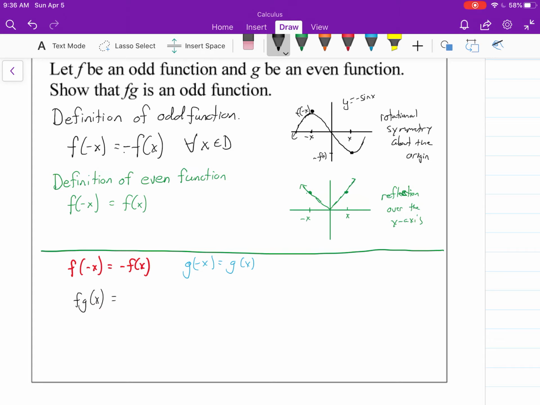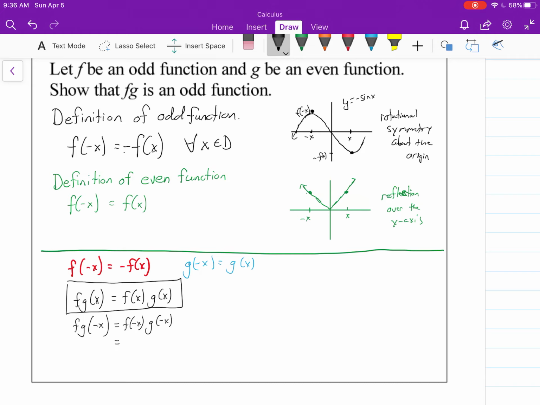Well, that simply means, we're going way back into algebra, that we're taking f of x times G of x. That's the definition. We're actually concerned about what's happening when we're plugging in negative x. So fg of negative x is going to be equal to f of negative x times g of negative x.